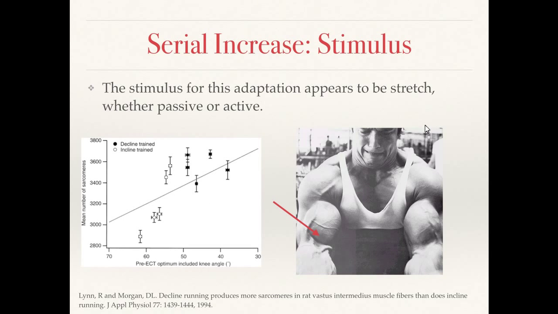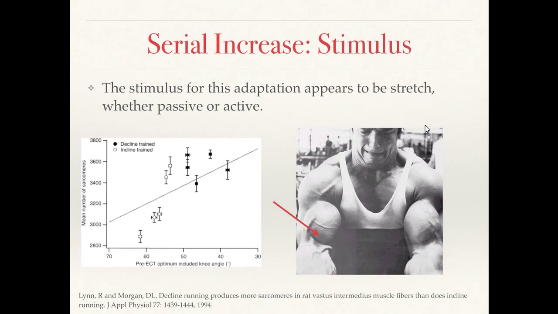So what is the stimulus for serial hypertrophy? It seems to be eccentric contractions. So in here, they basically had a decline running bout versus an incline running bout. The decline is going to cause much more eccentric overload or lengthening.